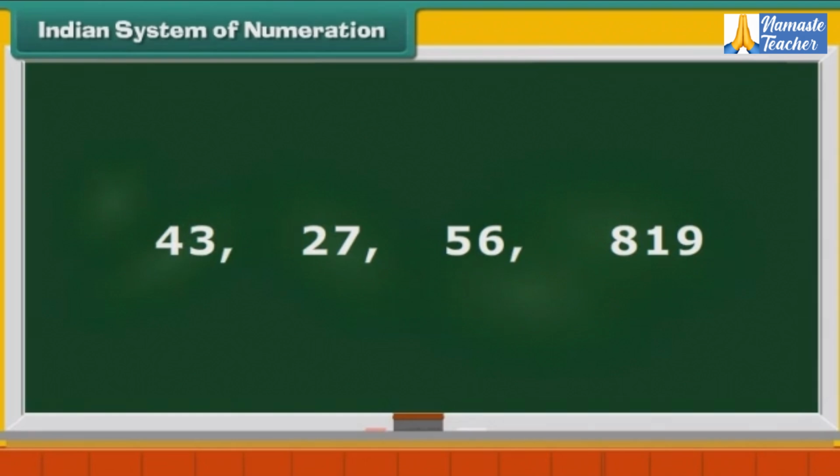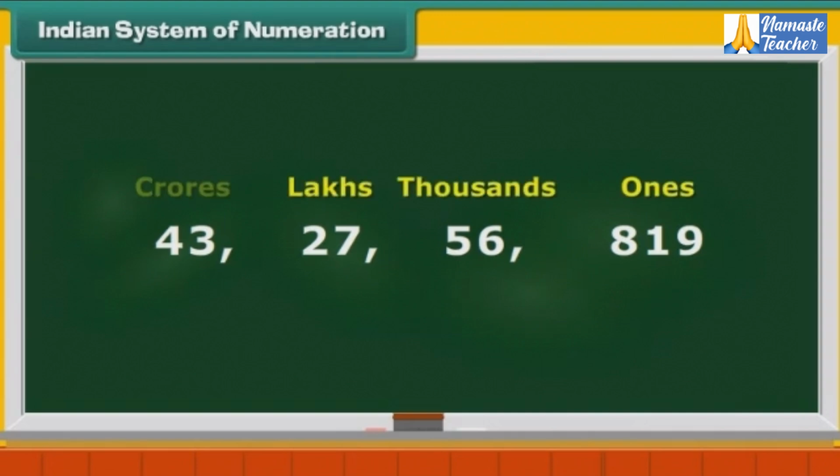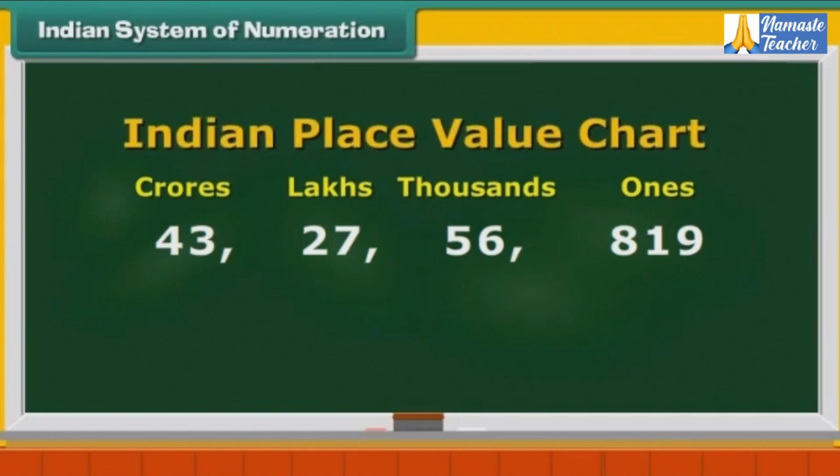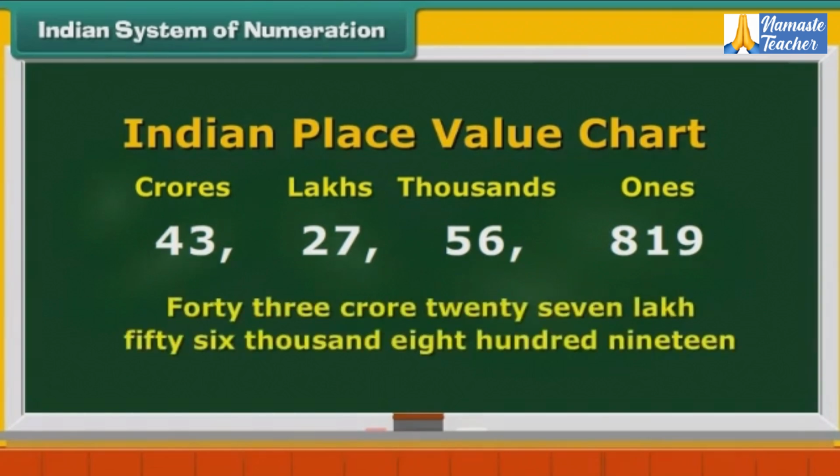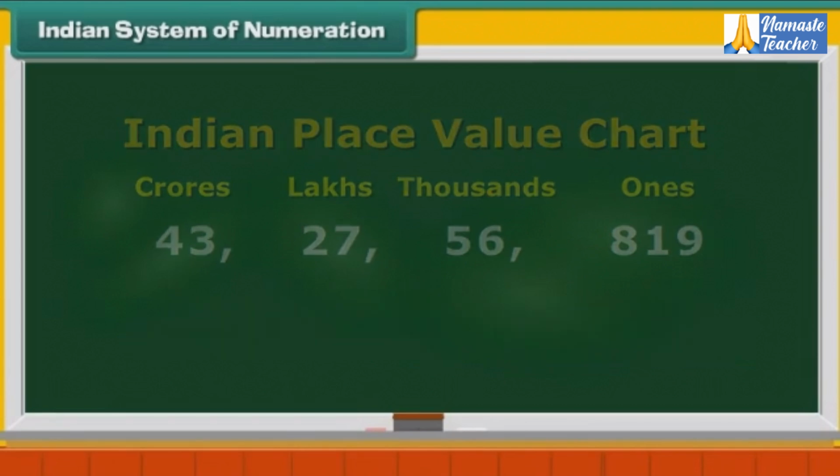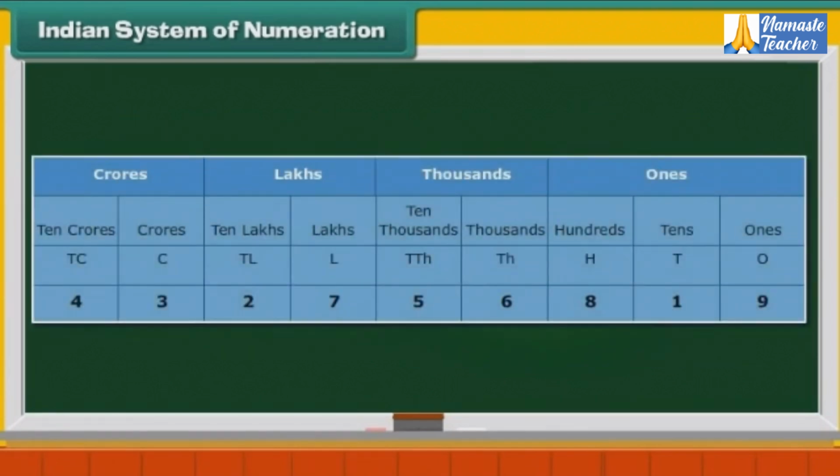Thus, we have 4 groups: ones, thousands, lakhs, and crores. This is the Indian place value chart. Now let us read the number from left. It is 43 crore 27 lakh 56,000 819.